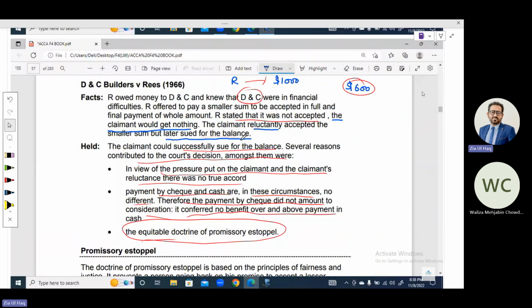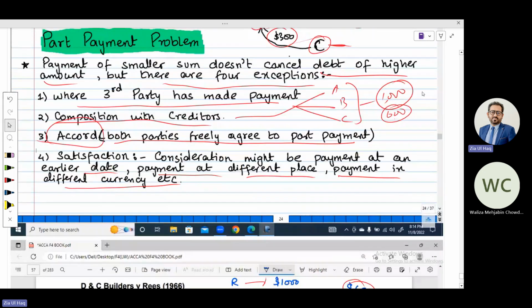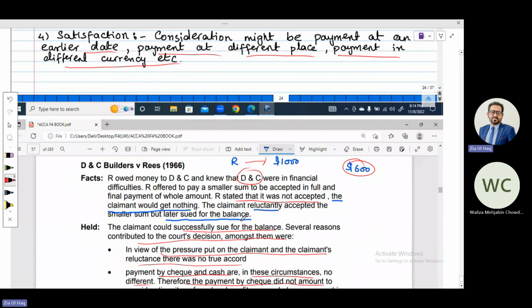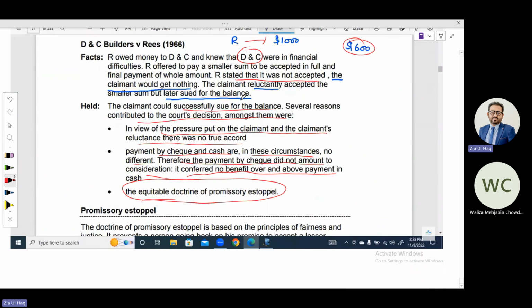But they didn't accept it, so there was no consent. If he paid 600, now they can claim the remaining 400 because the consent was not there, meaning accord was not there. So in view of the pressure put on the claimant and the claimant's reluctance, there was no true accord, meaning accord is missing in this case.